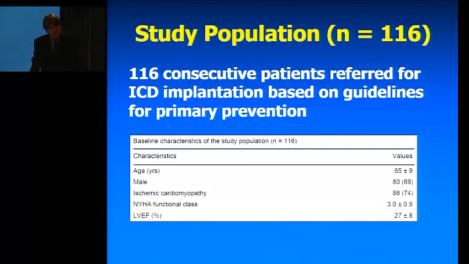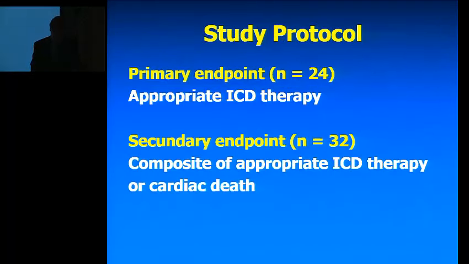The study population is 116 patients referred for ICD implantation based on guidelines for primary prevention. Here you see the characteristics: an ejection fraction of 27%, ischemic cardiomyopathy in most of the patients. The primary endpoint, appropriate ICD therapy, was seen in 24, and the secondary endpoint, the composite of appropriate ICD therapy and cardiac death, was seen in 32.